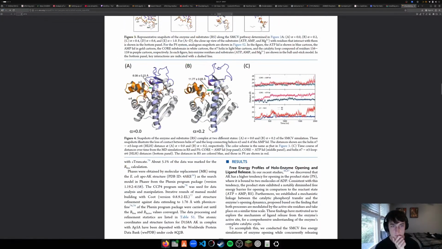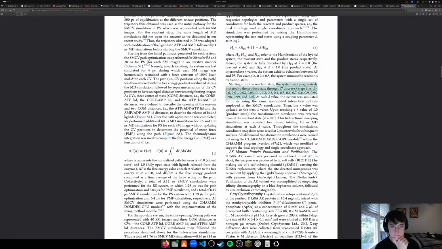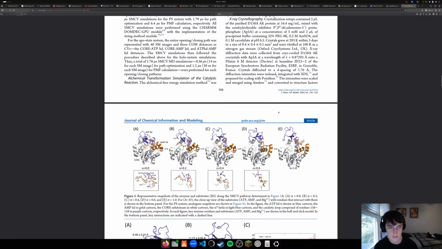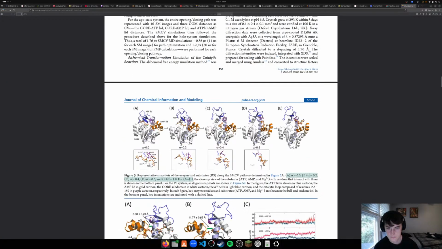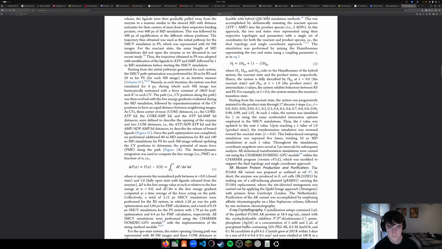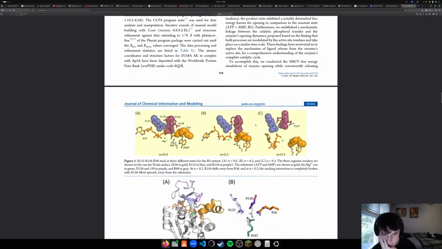So the product state is 1 here, right? Oh no, that's lambda. What does this alpha mean? Get my wires crossed.